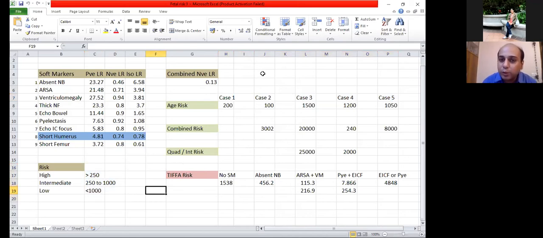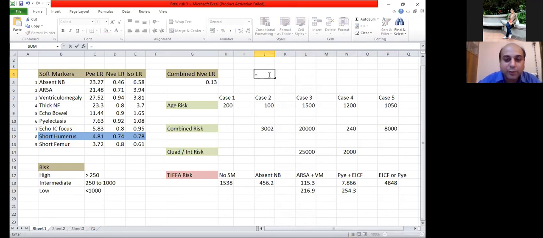For those who are not very well aware of Excel sheet, I give a small demo: if in any box we put an equal to sign, it becomes like a calculator. We can simply put digits, multiply, and enter, and we get the answer.